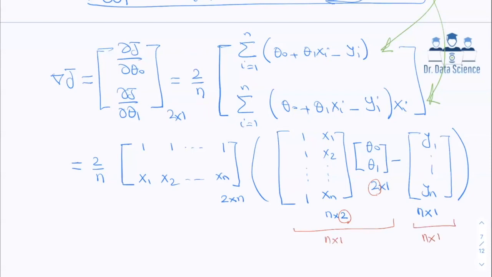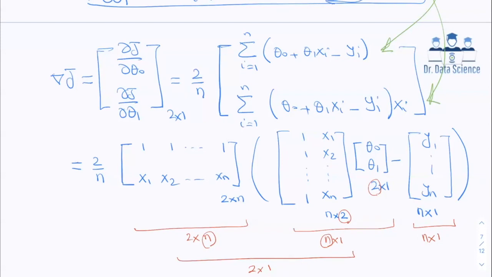And this vector is n by 1. And this term is 2 by n. Again, n is equal to n. So this gives me 2 by 1. And this means that now the gradient is a 2 by 1 vector.